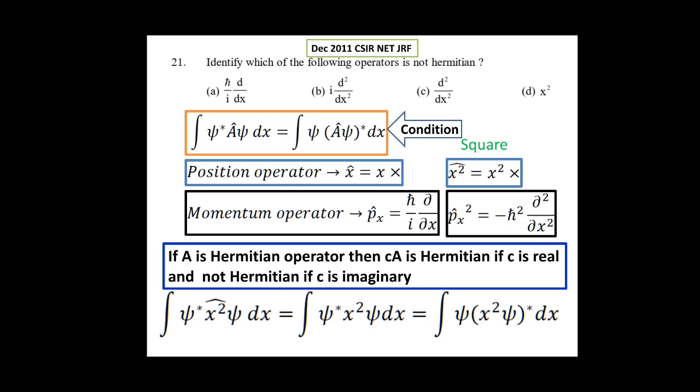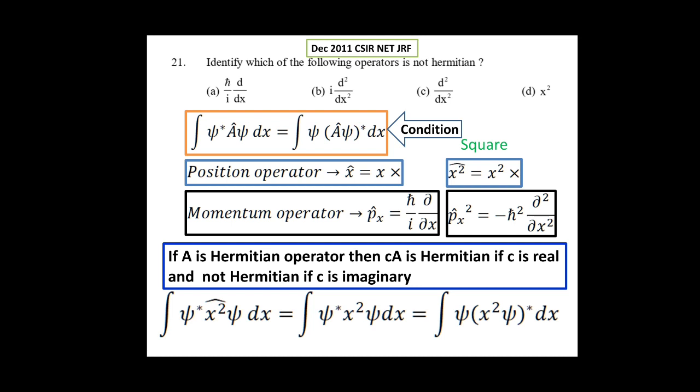You can evaluate them and ensure that these two are Hermitian operators, but you can confidently believe it because quantum mechanics is based on position and momentum, so these two operators have to be Hermitian. Now if you see option A, this is nothing but your momentum operator, so option A has to be a Hermitian operator.